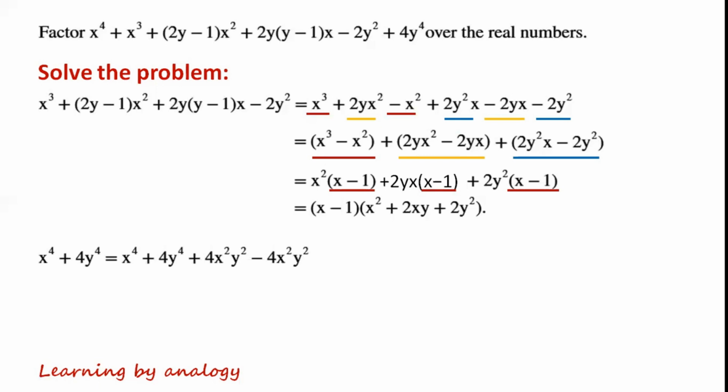Now look at the remaining original algebraic expression, x to the power of 4 plus 4y to the power of 4, which can be written as x to the power of 4 plus 4y to the power of 4 plus 4x squared y squared minus 4x squared y squared.